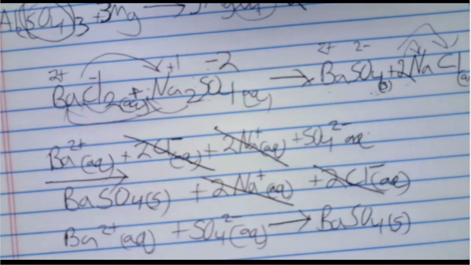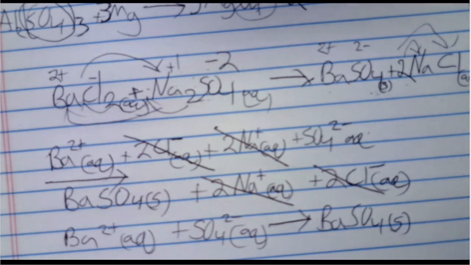Okay, and that's what we got. That would be the example. I'm going to go ahead and stop that here. In the last video, we're going to look at acids and bases and redox reactions, but we will be building on this concept.